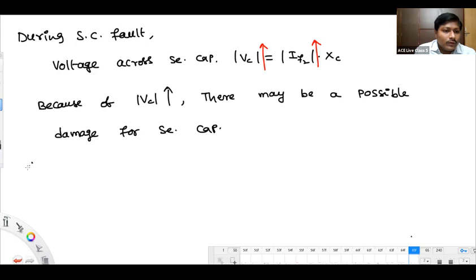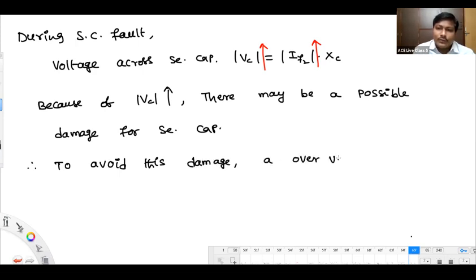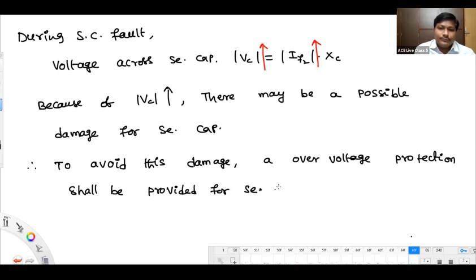Therefore, to avoid this damage, an over voltage protection shall be provided for the series capacitor.